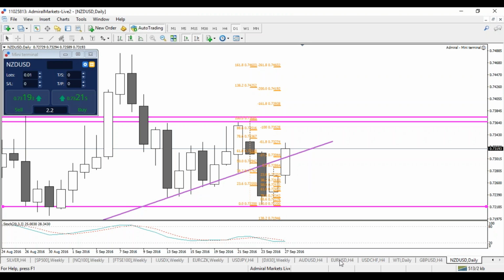There we go. Big bearish engulfing twin. Let's see. I don't like this chart pattern. Right at resistance.